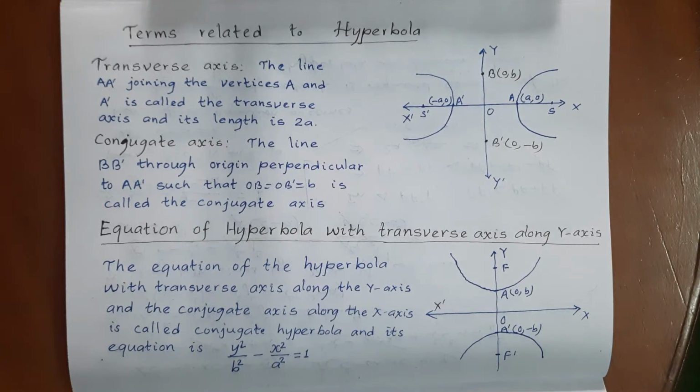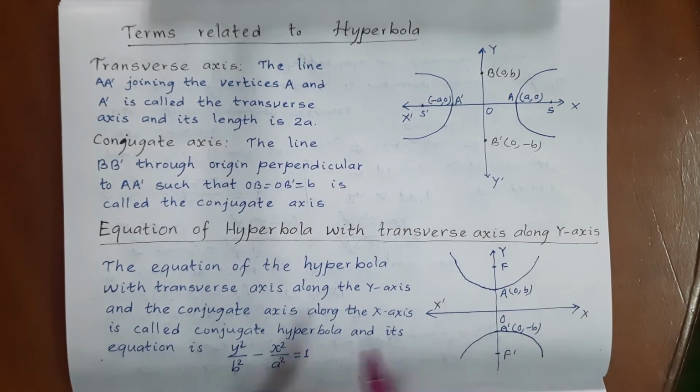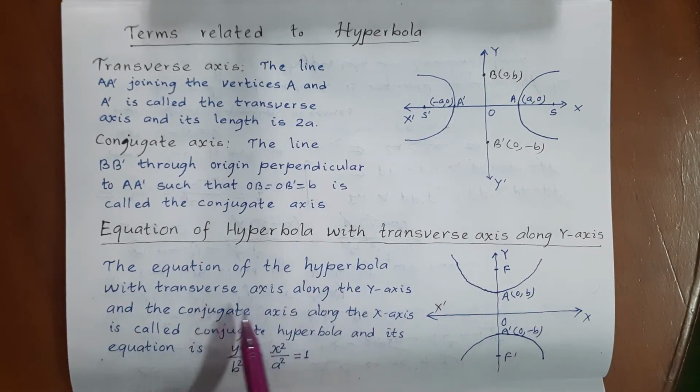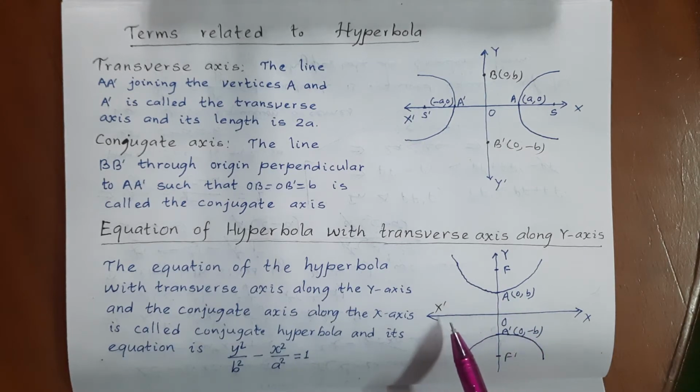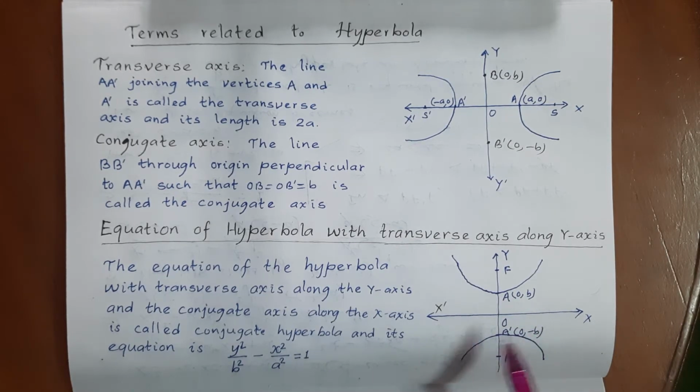Now the equation of hyperbola with transverse axis along the y-axis. The hyperbola with transverse axis along the y-axis and conjugate axis along the x-axis is called the conjugate hyperbola.